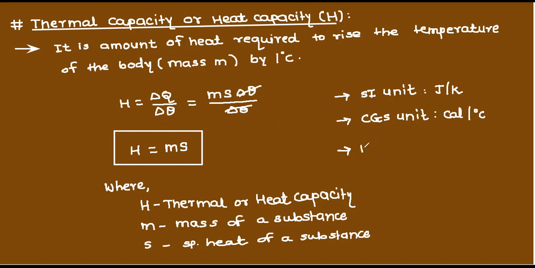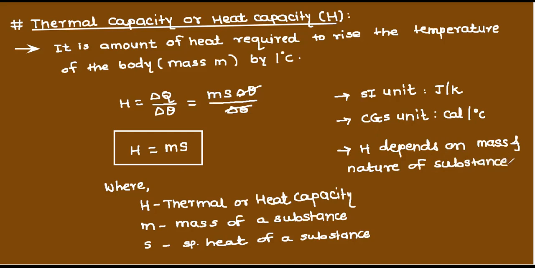So H, that is thermal capacity, depends on mass and nature of substance. Understand what is this specific heat, what you can say, thermal capacity or heat capacity, nature of substance.